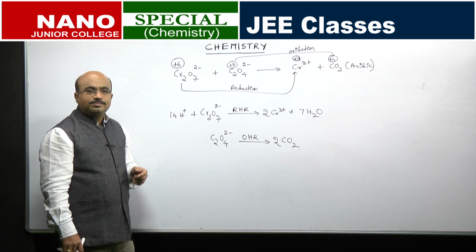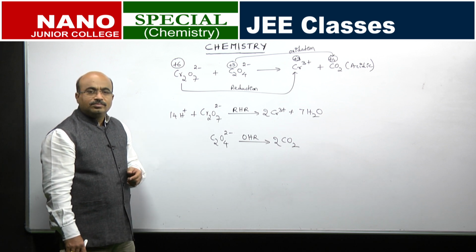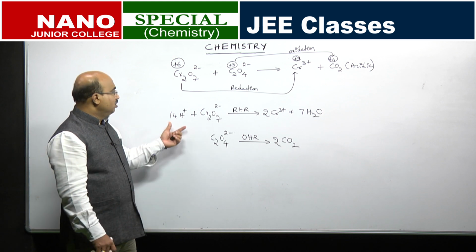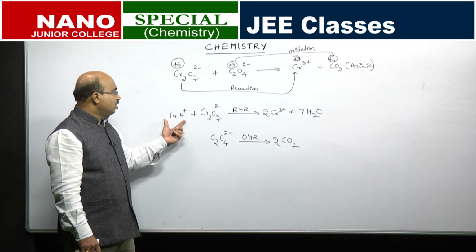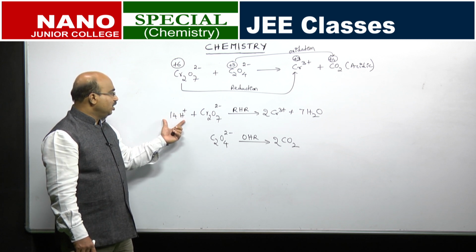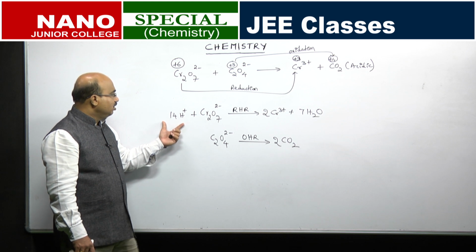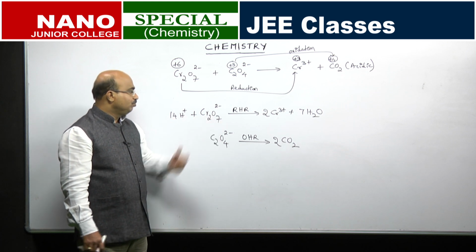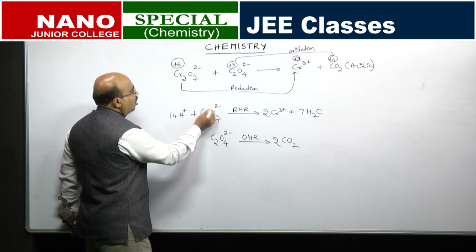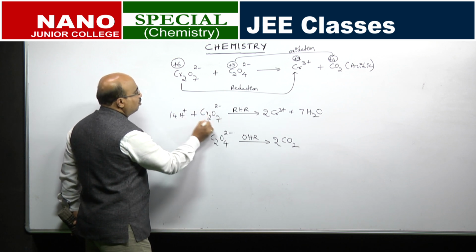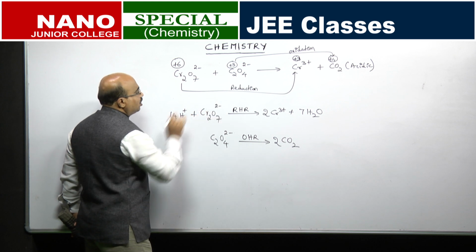Balance the charges by adding electrons. So, here how much charge is there totally? 14 hydrogens which are with plus 1. So, total charge on this side is plus 14, and Cr2O7 completely taken, it is minus 2 charge.